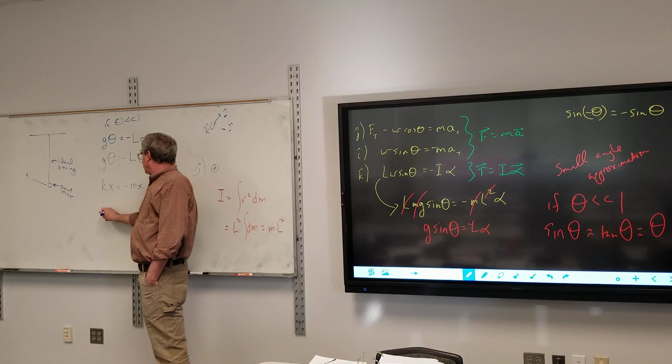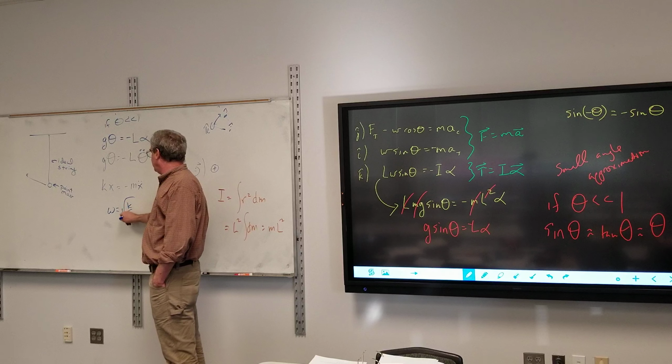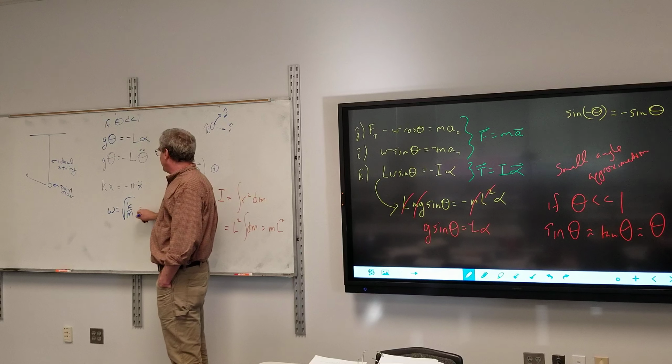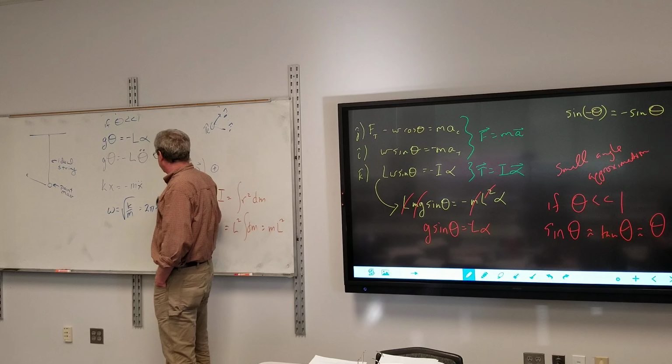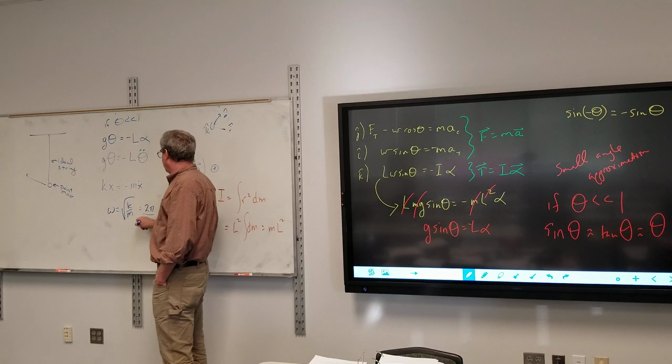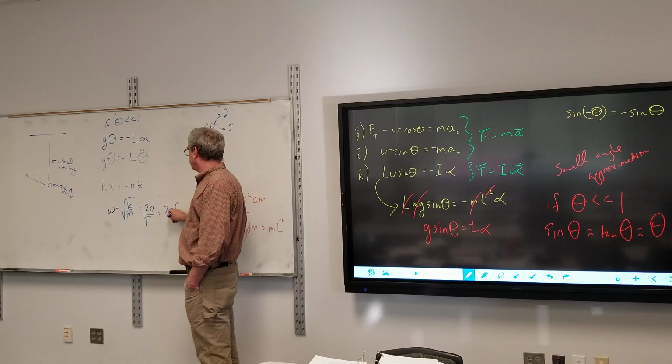Well, I know that omega from this is the square root of k over m. And I know that's equal to 2 pi over the period, which is 2 pi times the frequency.